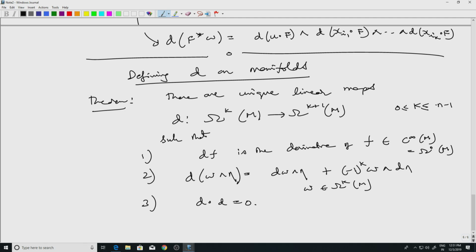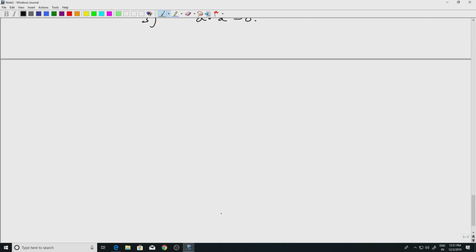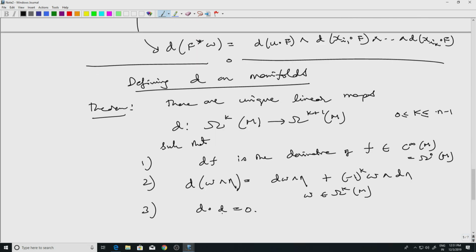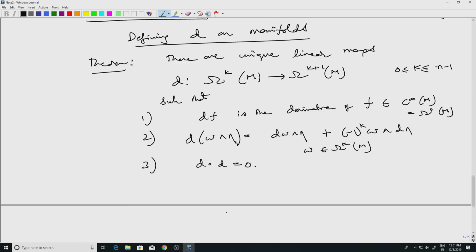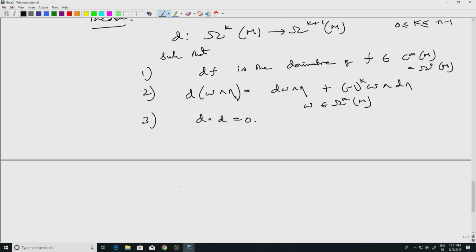So we also have additional properties which are satisfied by d, but these are the three main things. The additional properties follow from the way d is constructed. The uniqueness just follows from these three actually. So let's stop here. We'll resume from next time.